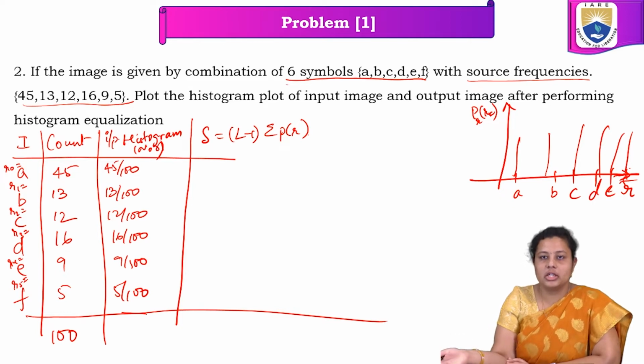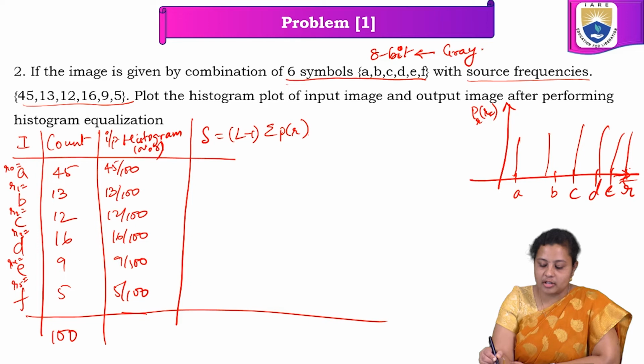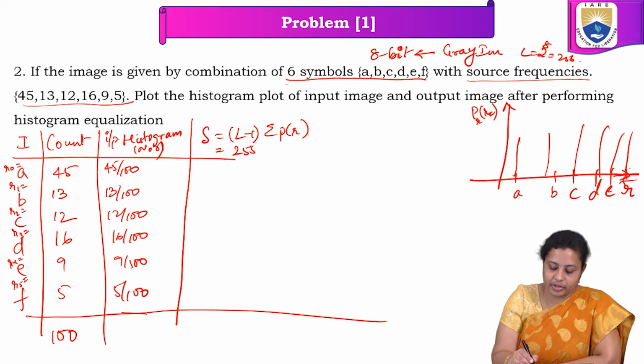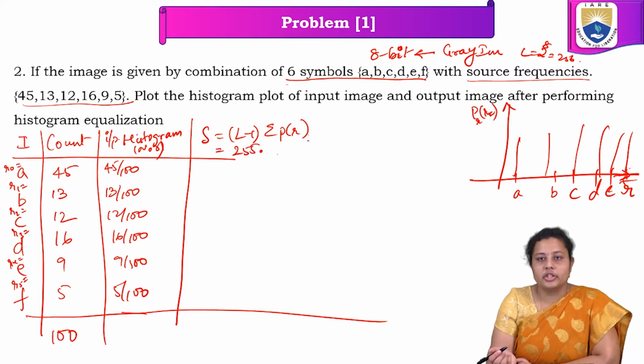We don't know what the maximum value available is, so in that case we take an 8-bit image, which means we are considering the image to be a gray image. So L is equal to 2 power 8, which is equal to 256, right? So this will be equal to 255 into the probability of this value.